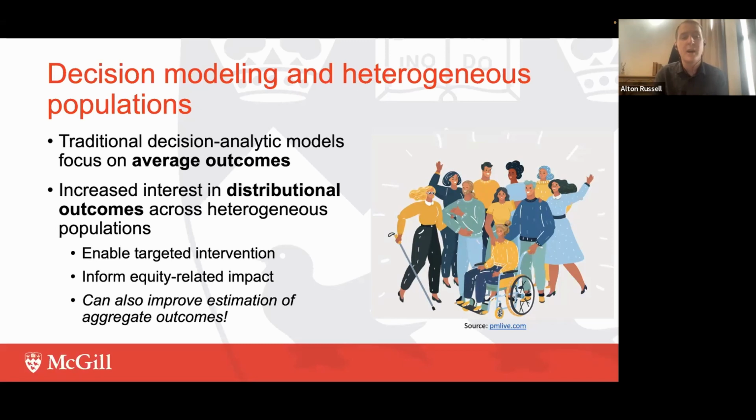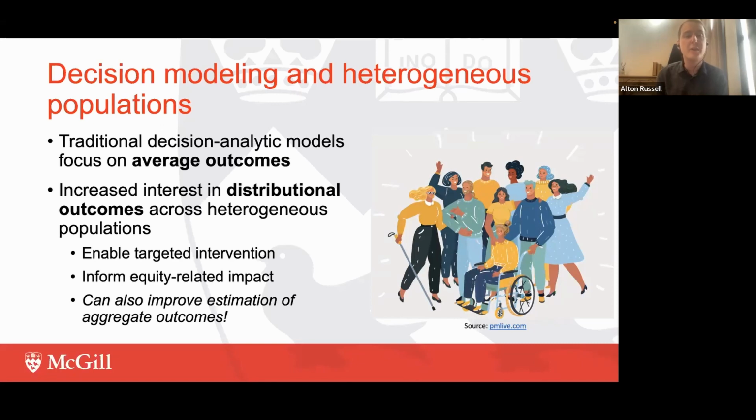And I think interest in understanding distributional outcomes is a result of this focus on personalized medicine and trying to target interventions better. But also a result of the recognition that we need to be considering equity in our decision-making process. And in order to inform decision makers who are thinking about equity, we need to have models that understand the equity implications of policies.